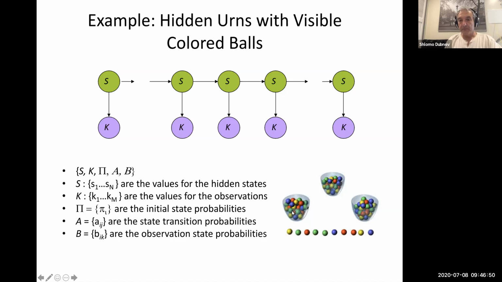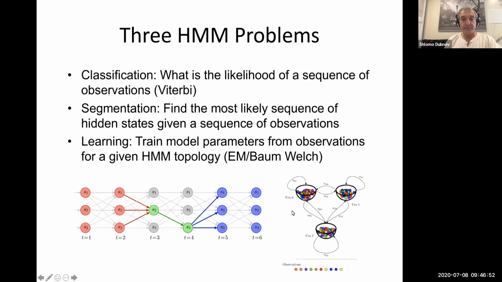Okay, so given this setting, which is also represented here as these 3 different urns and the transition probabilities, this graph is a little bit more of a complete Markov chain over the hidden states. And again, they're hidden because you don't know, nobody tells you which urn you're looking at.